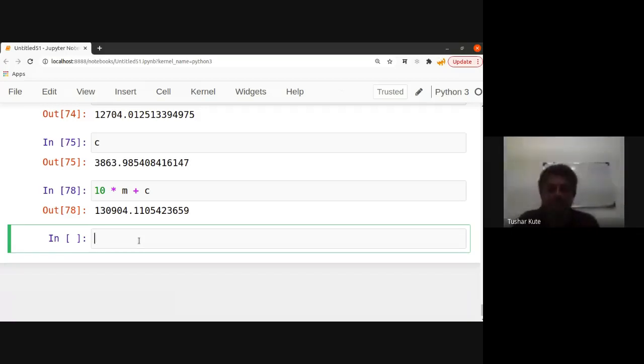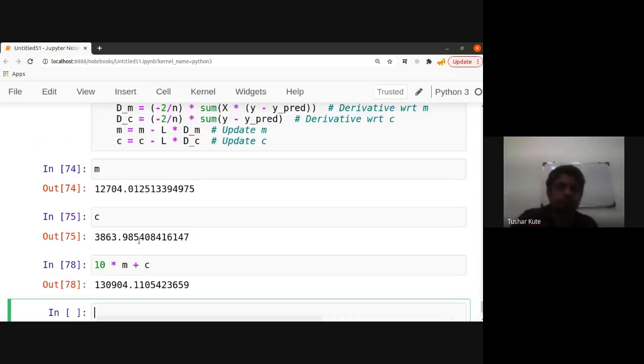Wait a minute, I'll show you. Here m is updated, c is updated. Print m first, so the initial value of m is 12,703.